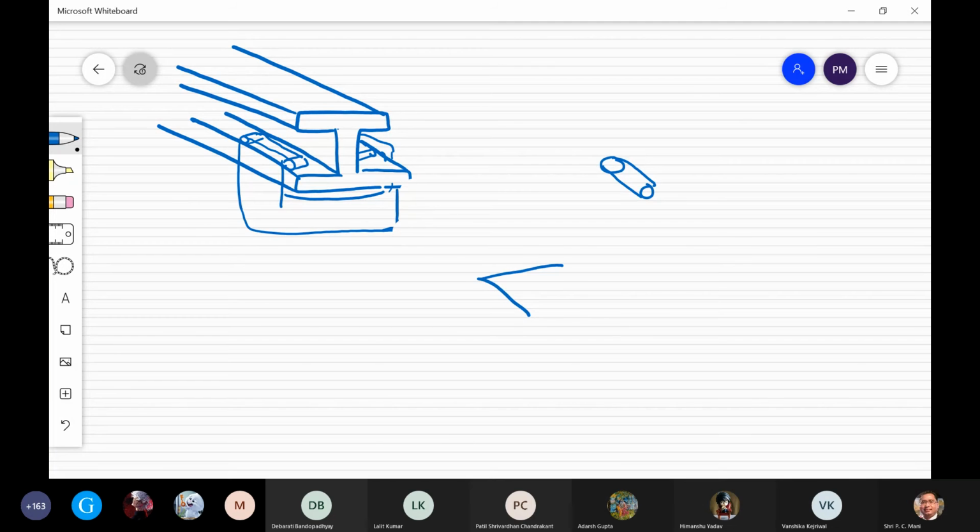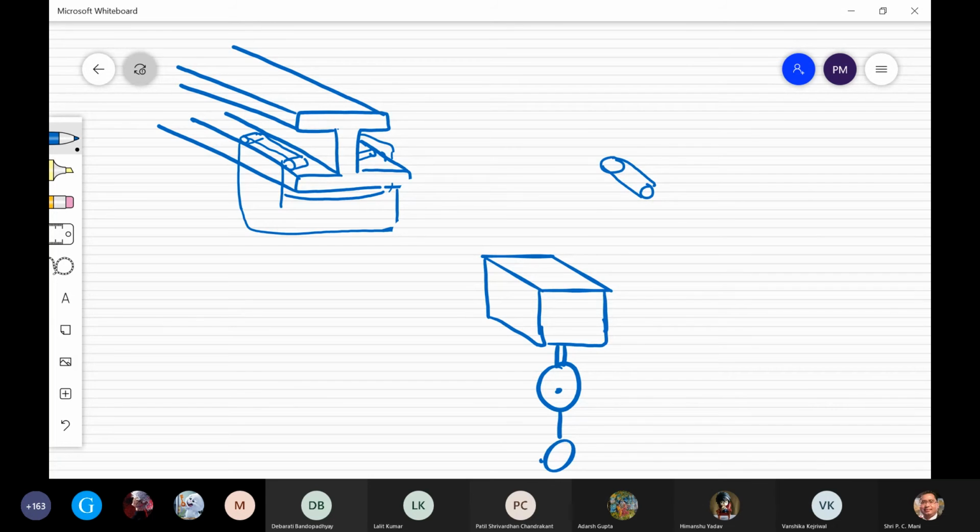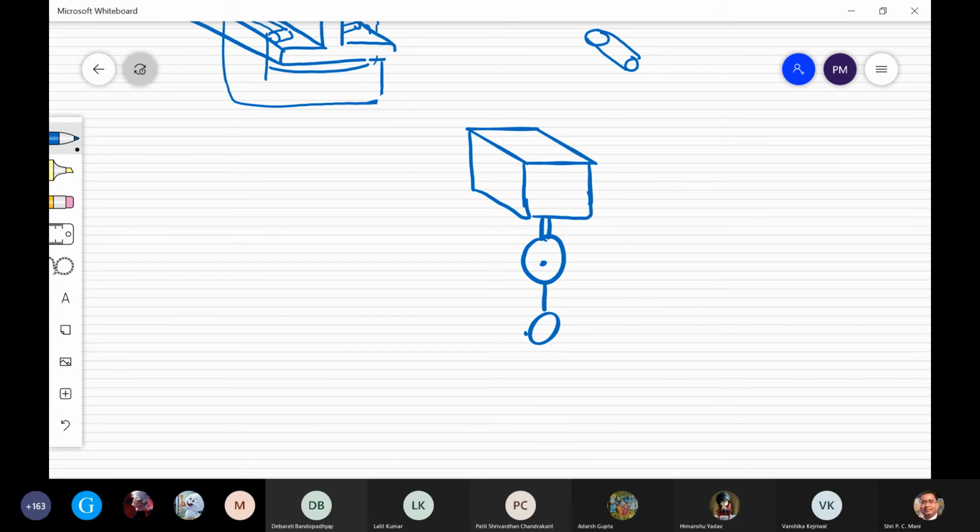So basically, this is the lower part, on which the hook is there.